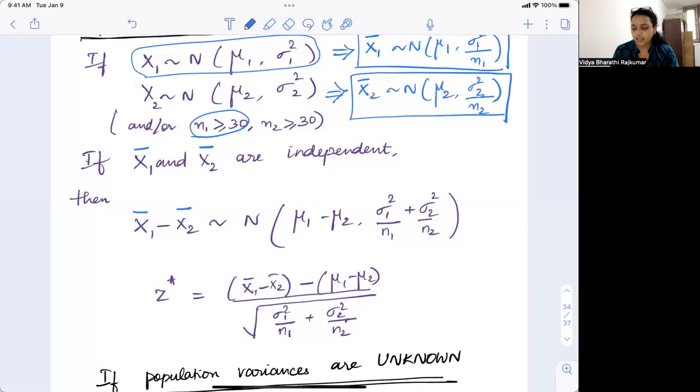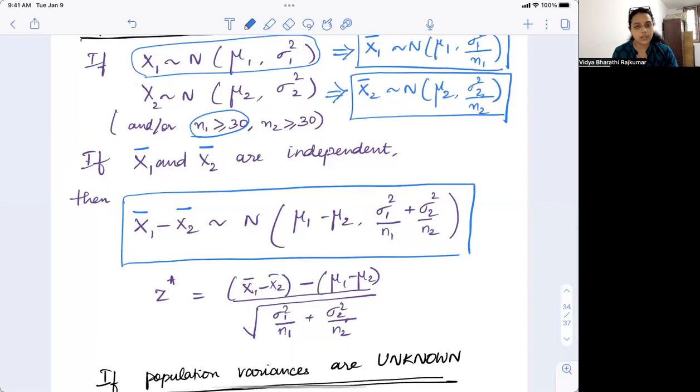And CLT tells us that the difference in sample means also has a normal distribution, such that the distribution of x1 bar minus x2 bar has a mean that is equal to the difference in the population means and a variance that is equal to the sum of the individual variances.